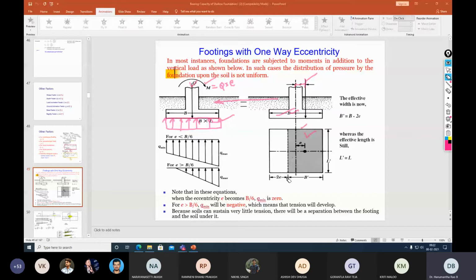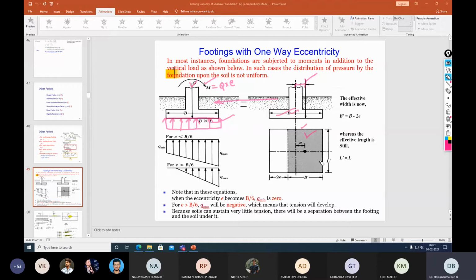However, in the width direction, it is not the whole width of the footing, but rather the effective width, designated as B dash, which is nothing but B minus 2 times E, whereas in the length direction the whole length contributes to soil bearing pressure.